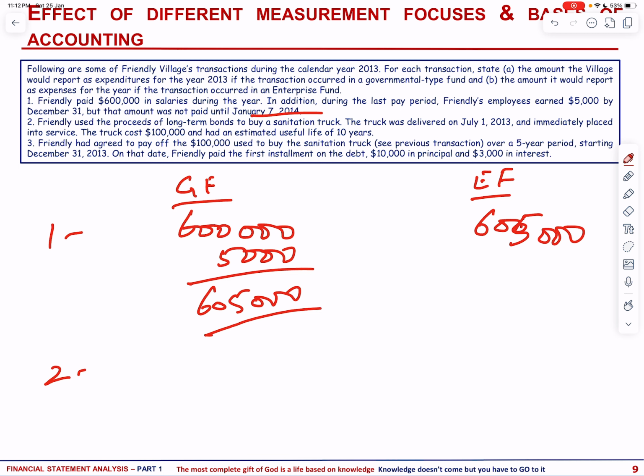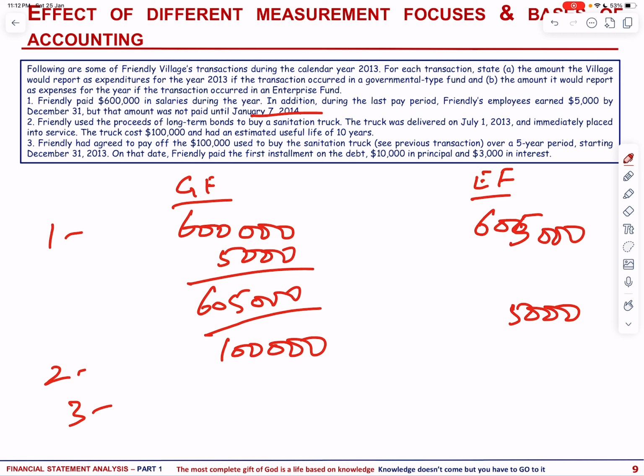Then we talk about the sanitation truck purchase. Now, in the case of governmental type, obviously this 100,000 purchase of truck will be recorded as expenditure, and in the case of enterprise funds, we will be recording 5,000 as depreciation. Coming to the third one, we have the debt payment, and here we are paying the principal and the interest both.